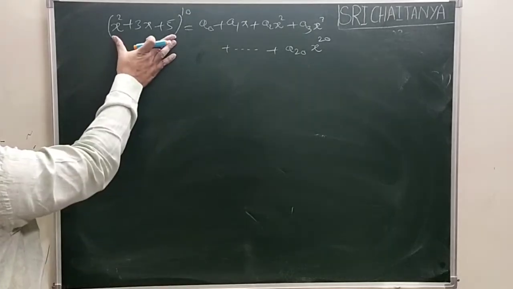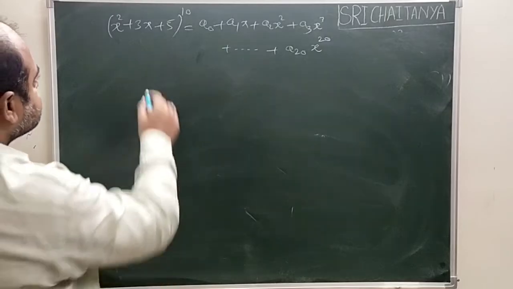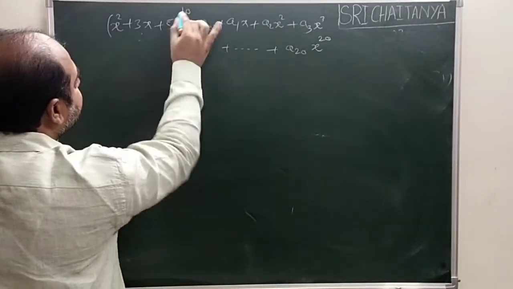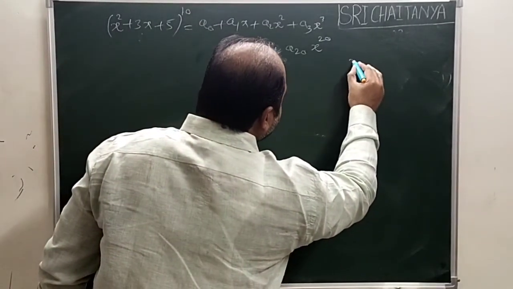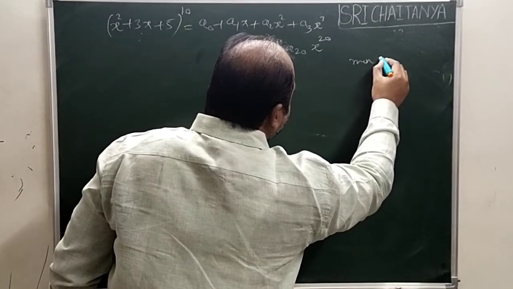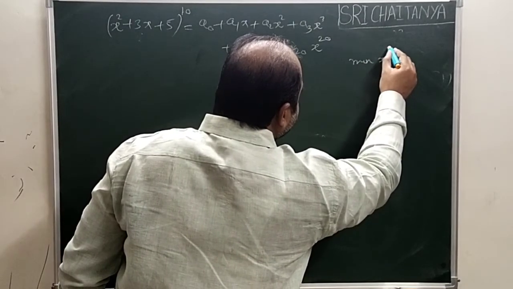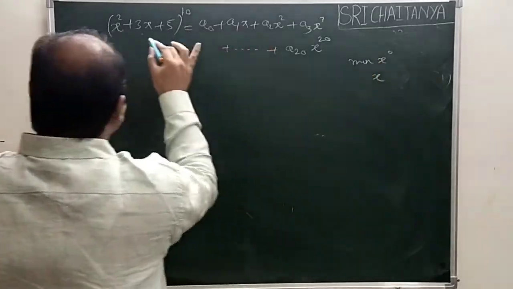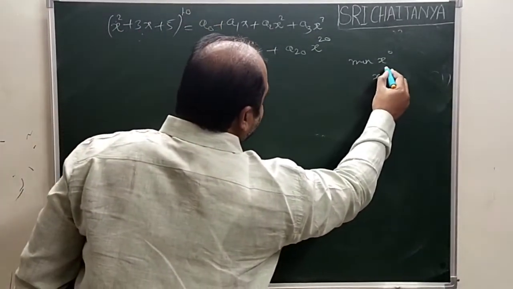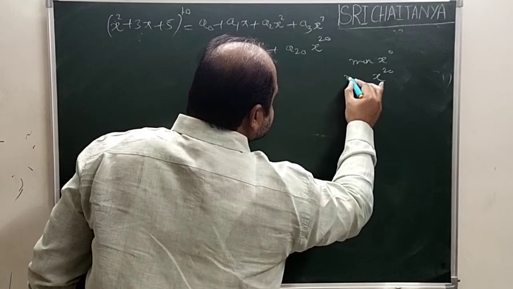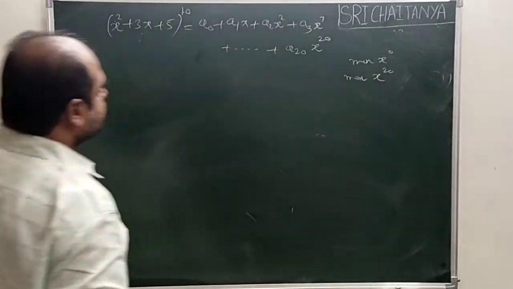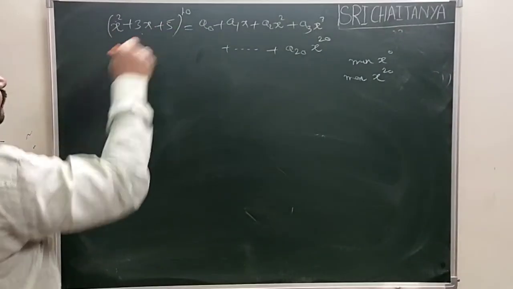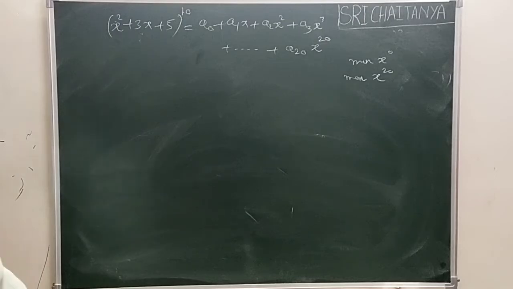Why has he given this expansion? This polynomial is raised to a power. Minimum you will get x power 0. Maximum you will get x square to the power 10, so the maximum degree is x power 20.